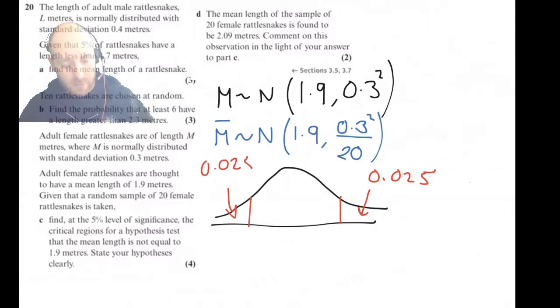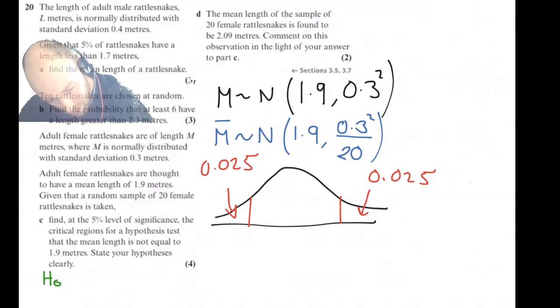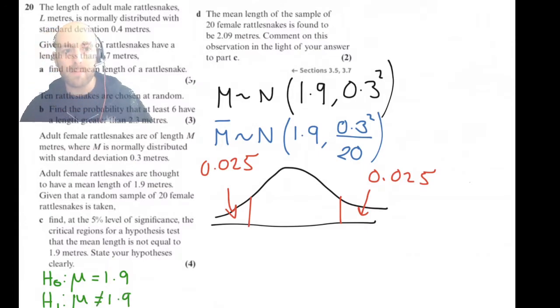We need to state a hypothesis. Let's do that down here. H0: mu is 1.9. H1: mu is not 1.9. Cool. All right, so we're going to do our test. We're going to find the critical values, and then we're going to compare them in part D.